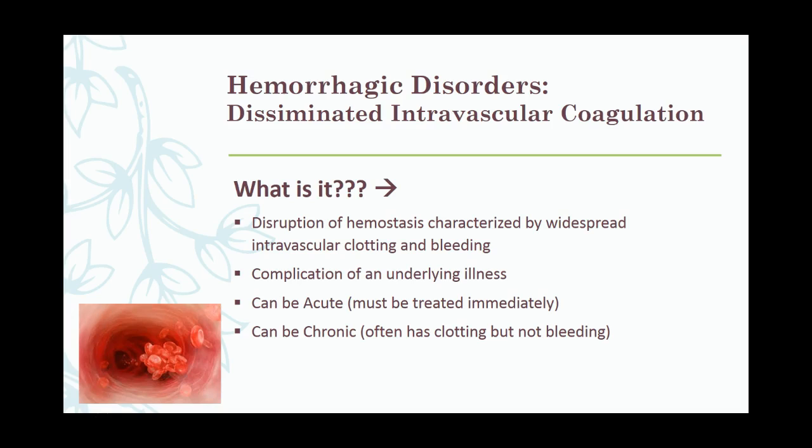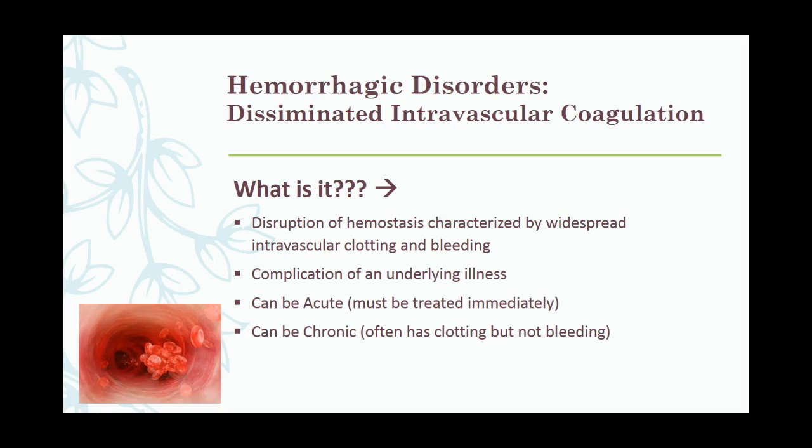It happens secondary to something else going on in an individual. So, for example, if you have an intrauterine fetal demise that goes undetected for whatever reason, those individuals can end up in DIC. You don't just get DIC just to get it. You get it secondary to something else that is going on with you.